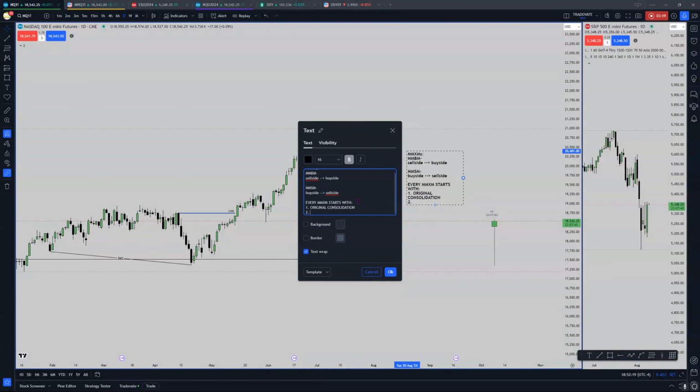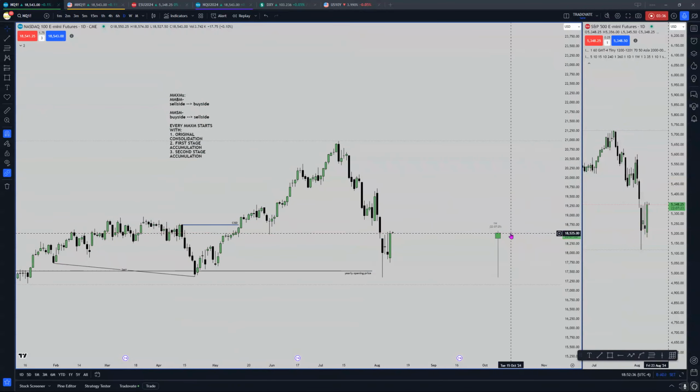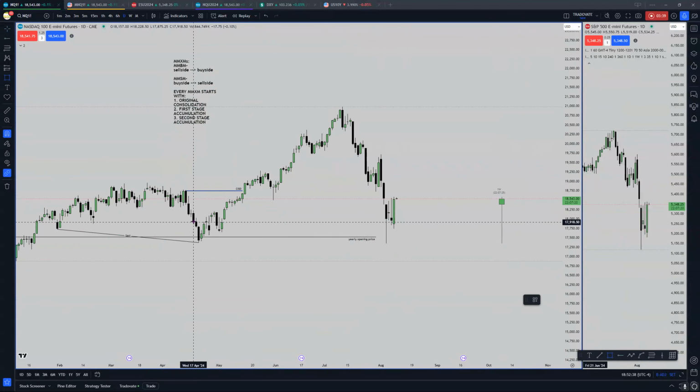Then we have a first stage accumulation. Then we get a second stage of accumulation. And then we reach our target. So this is the general framework for market maker models. Down here, this would be our original consolidation.